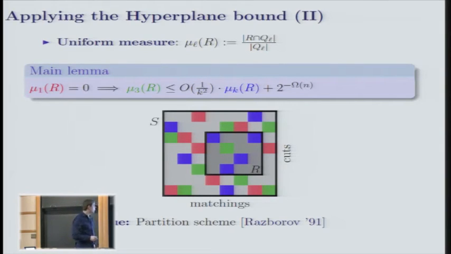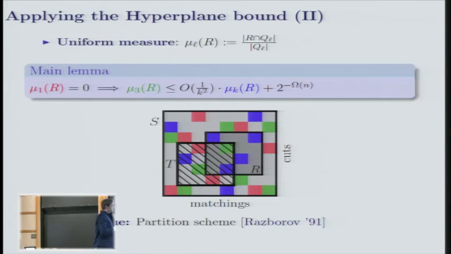Essentially what Razborov would do in this case is the following. You have a big matrix, and you want to show that some inequality holds for a rectangle. Then you imagine that you take a second rectangle, let's call this a partition rectangle, which you take at random, and then you check whether the inequality at least holds if you restrict your attention to the intersection with this rectangle.